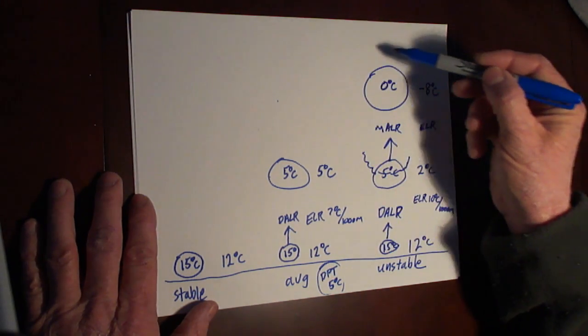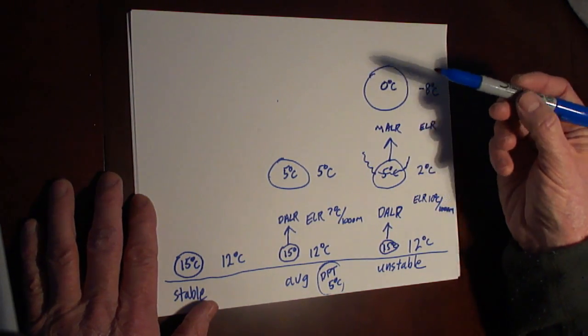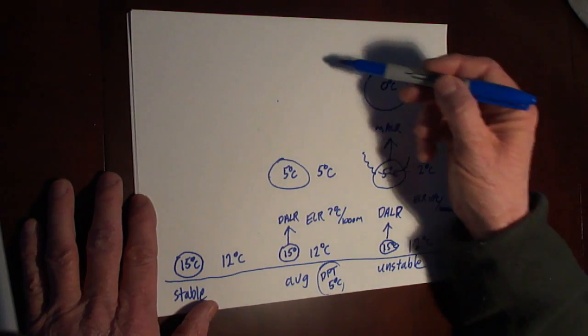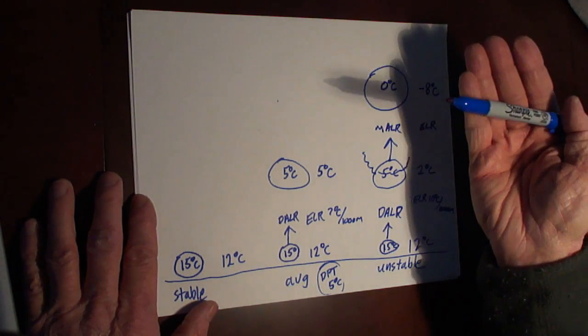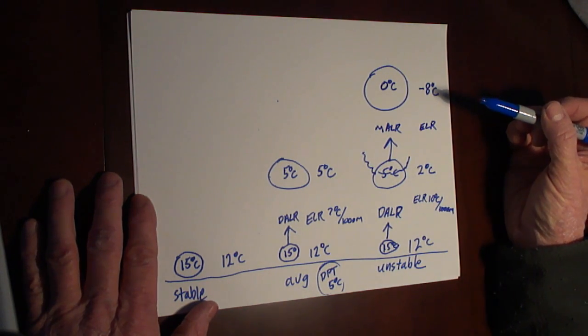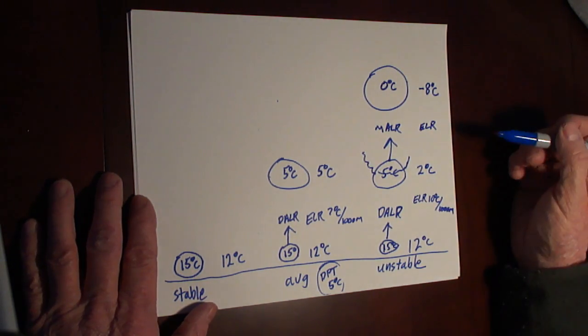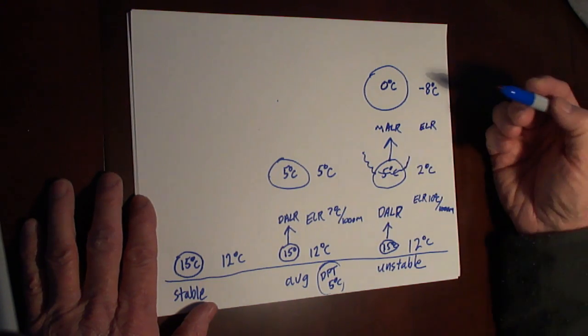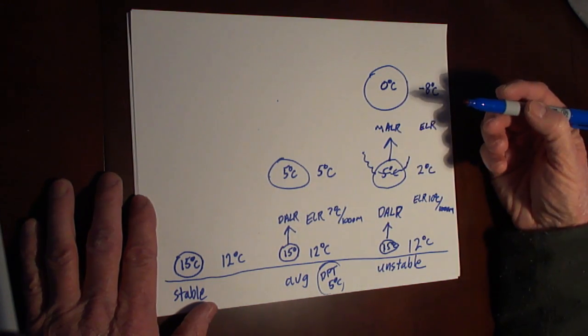So say you were flying through in an airplane, you would feel it very obviously as you passed over this area. You would feel a strong bump upwards, and perhaps some really severe turbulence if you happen to be flying through this area as the thunderstorm was forming, as the cloud was forming.